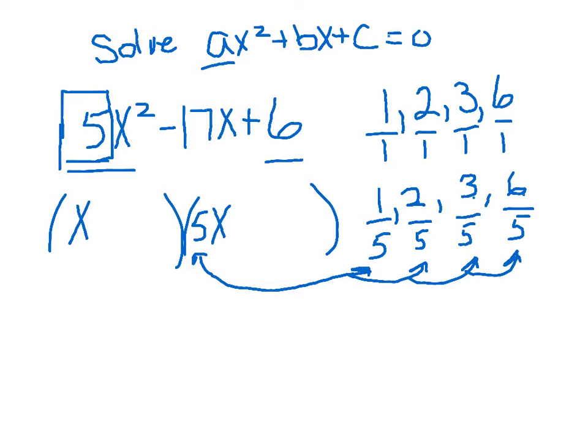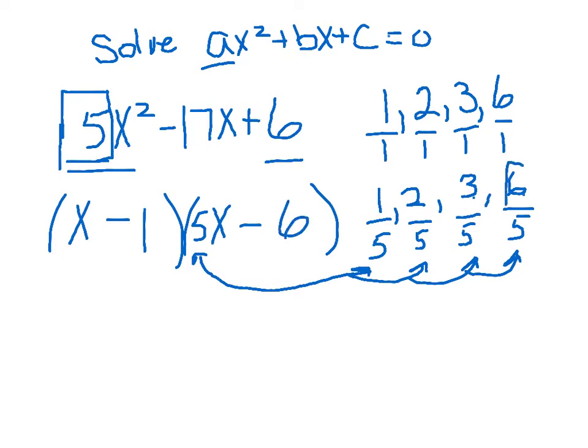So what's the way to get 6? I can have 1 and 6, or 2 and 3. Now here it's almost just a guessing game. Let me go ahead and figure out my signs first. So I have a negative and a positive. So we know that'll be negative and negative. Let's try the 1 and the 6.